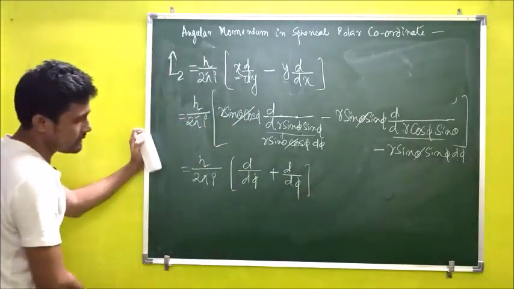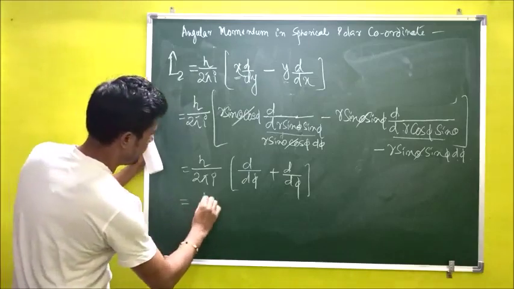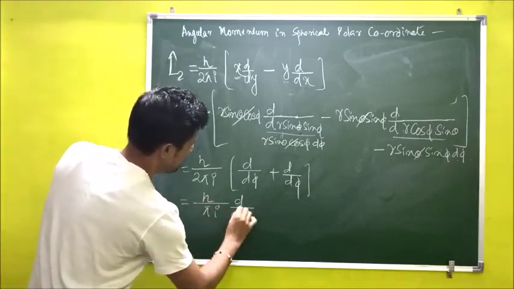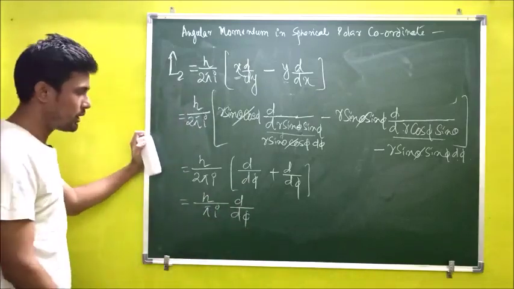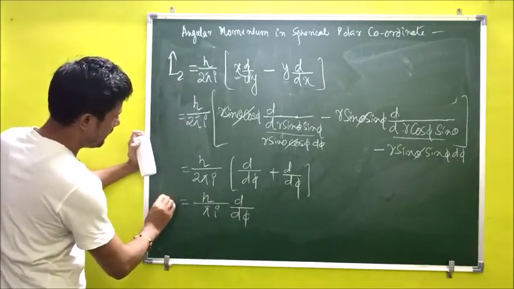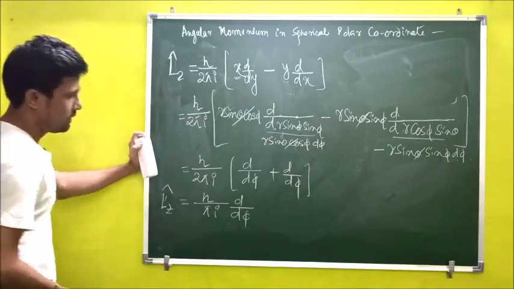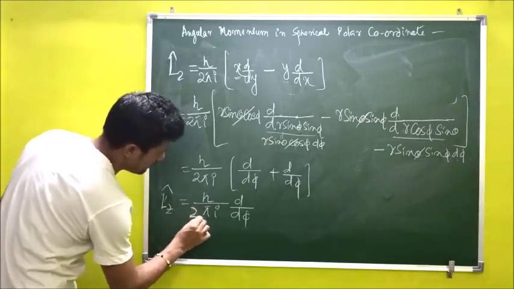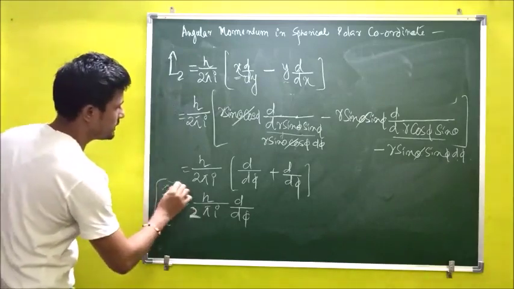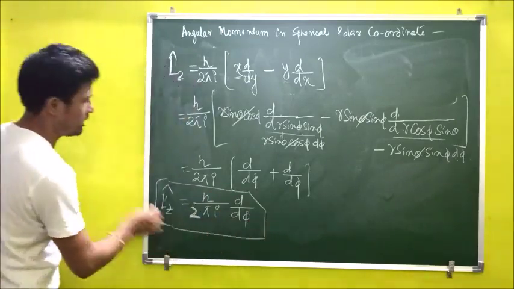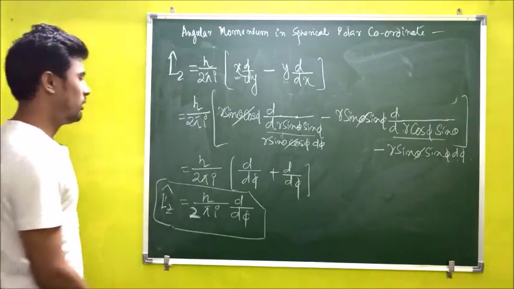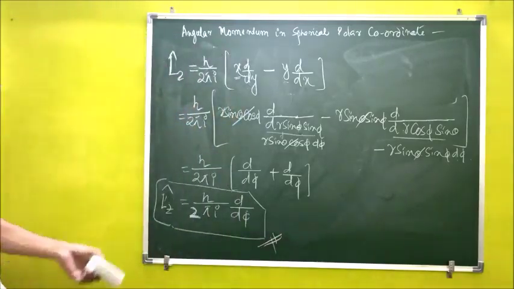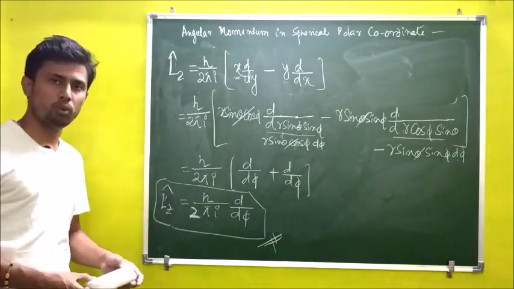At the end of the result, we get h by pi i d of d phi for Lz. But there is a term 2 there. This change you should make on your own. So these are the angular momentum operators in terms of polar coordinates.